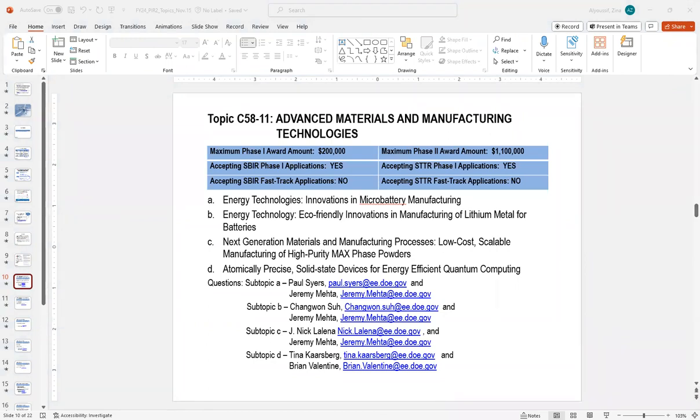So earlier this year, we released a prize for microbattery designs, and this is related to the focus of that prize. The prize was focused on microbattery designs, and this SBIR is focused on innovations in microbattery manufacturing.